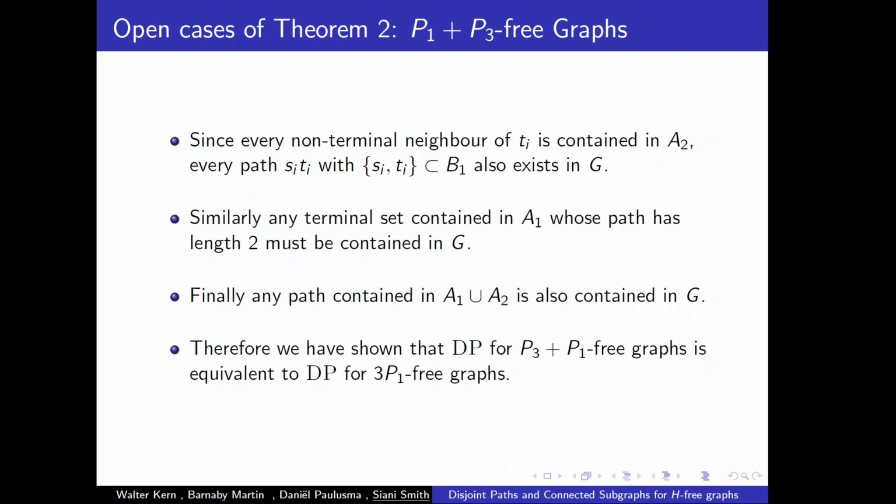And since we didn't delete any edges incident on A1 or A2, this path must exist in G. Similar for any terminal set contained in A1, which used a path which left A1 union A2, and obviously the same for any path which was completely contained in A1 union A2. So we've shown now that disjoint paths for P3 plus P1 free graphs is equivalent to disjoint paths for 3P1 free graphs. And having already shown that disjoint connected subgraphs for P3 plus P1 free graphs was equivalent to disjoint paths, we're done.